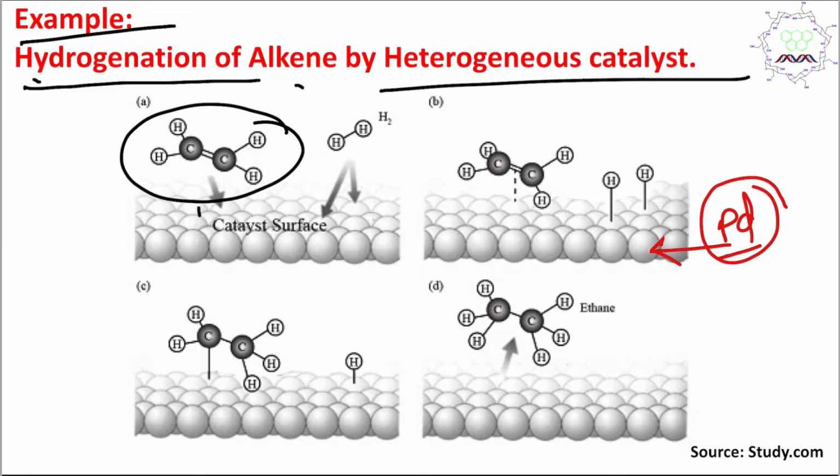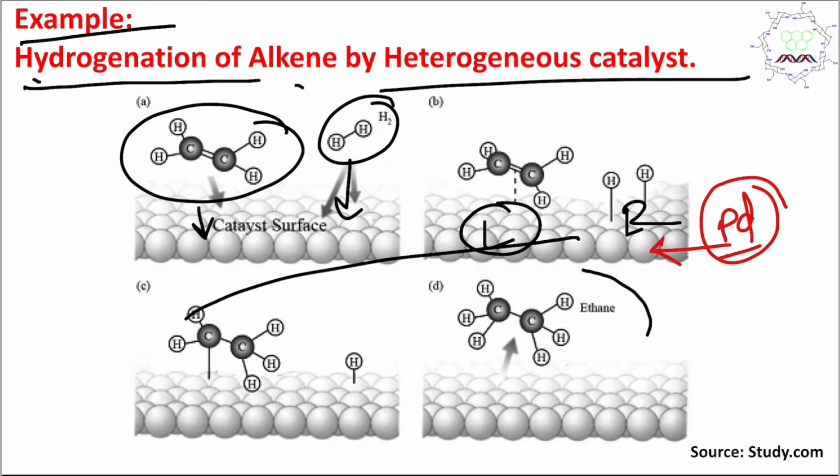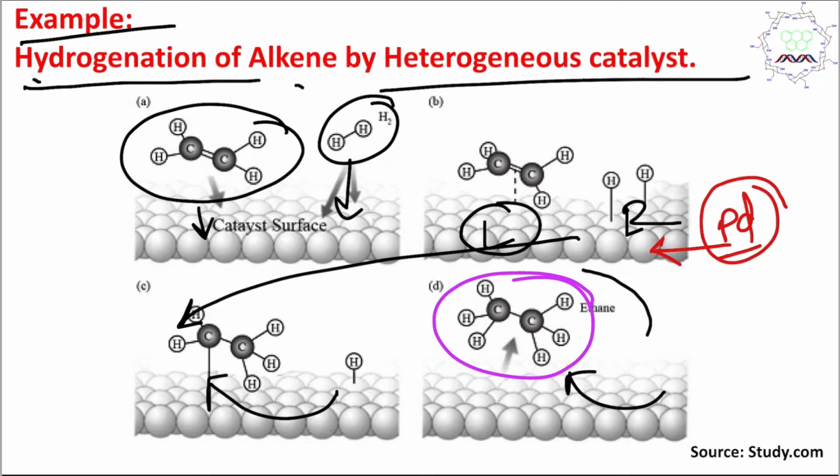For example, your left hand holds this alkene, your right hand holds this hydrogen, means both hands are holding these two reactants. Now they react, means from here to here one hydrogen is transferred, and again a second hydrogen is transferred, and this ethane is the product. By the way, a detailed description with mechanism I have given in a dedicated lecture, you may visit.